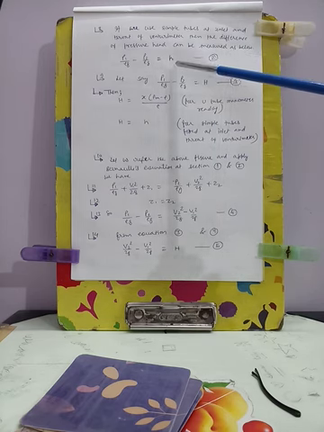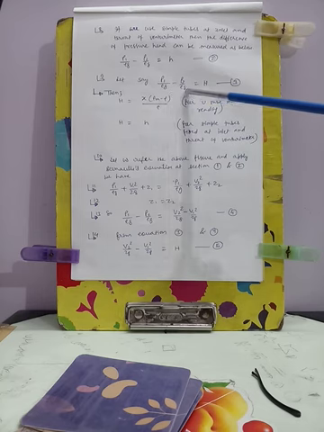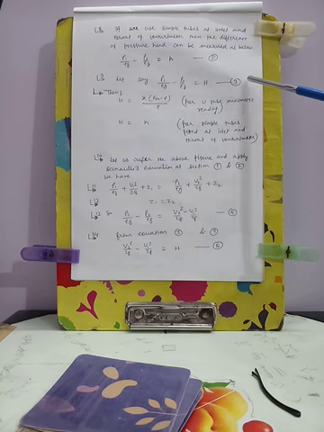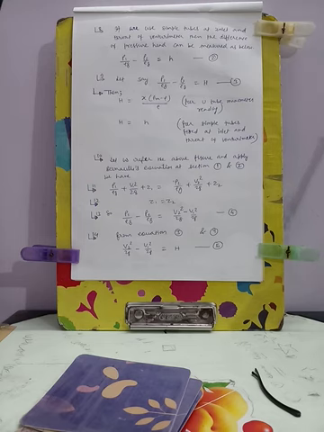Let us say this quantity, the difference of pressure head, P1 by rho g minus P2 by rho g, is equal to capital H. Let's say this is equation 3.